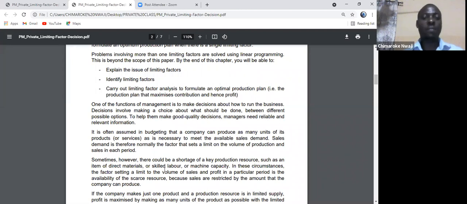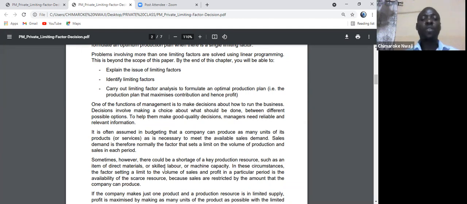To help managers make good quality decisions, they need reliable and relevant information. So the information that management needs is to be relevant and reliable.